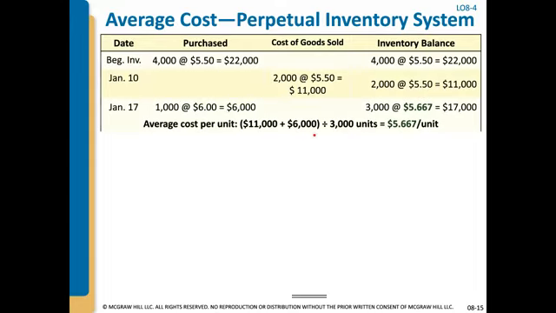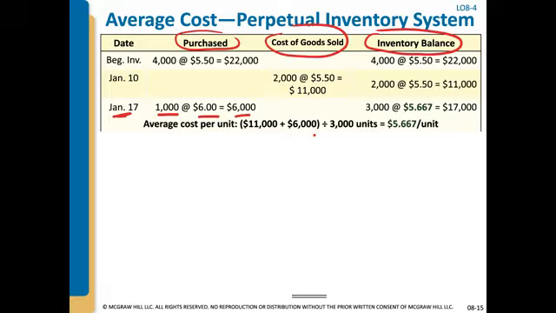So let's put that on here. We already did through January 10th. Now we're including our January 17th purchase. So here's our purchases versus our cost of goods sold versus our ending inventory, so we have a column for each. On January 17th, we purchased 1,000 units at $6 for $6,000.